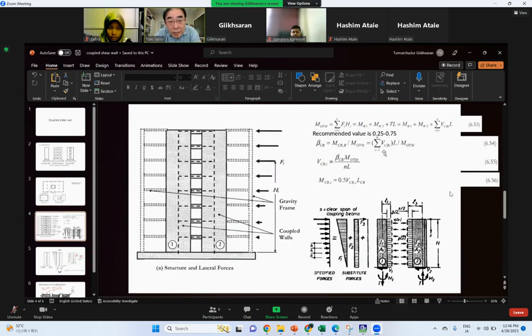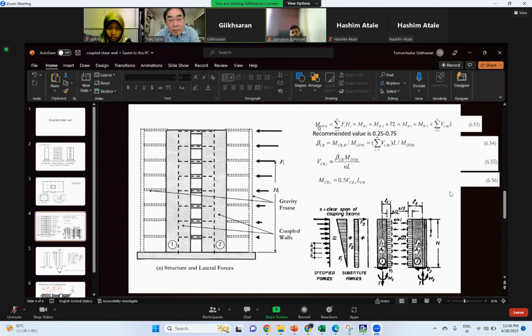The most important things are these equations: the moment of coupling beams and the shear force of coupling beams.